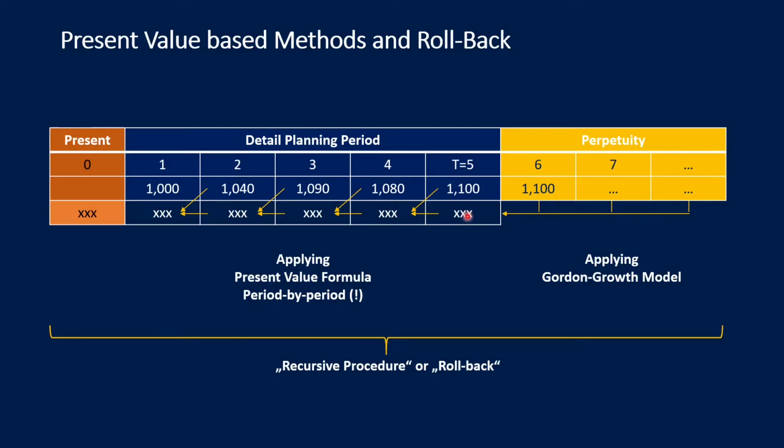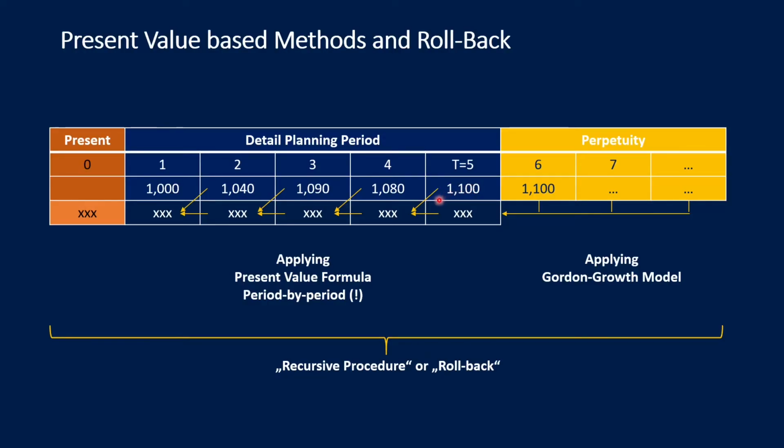But then, of course, we have to go down, and this will be typically done as a recursive procedure or rollback procedure, which means period by period. So we go backward, we have the present value here, and we have the cash flow as of period 5.